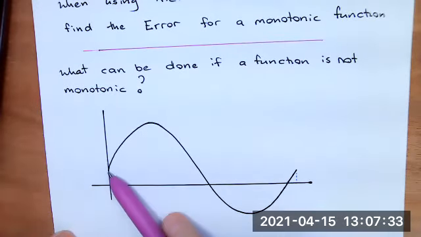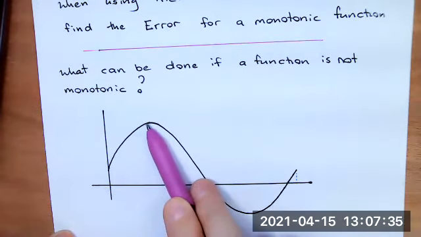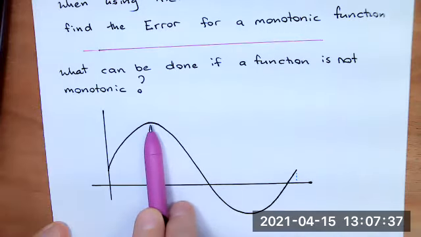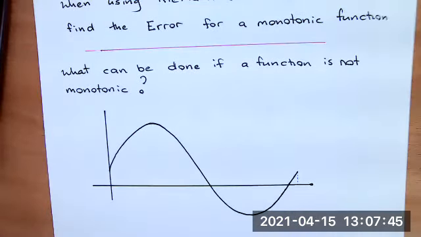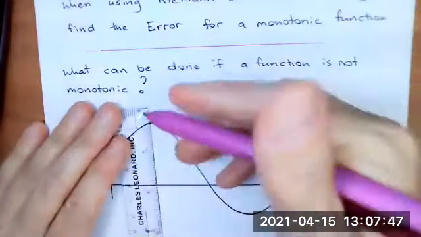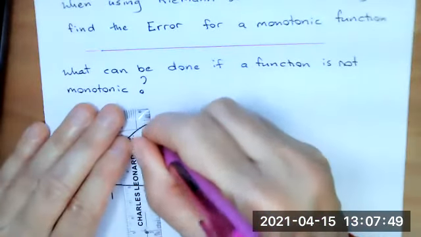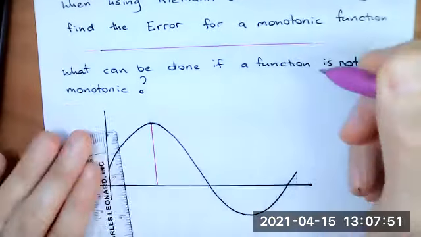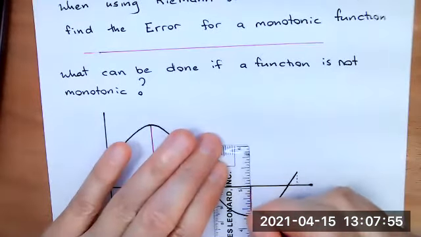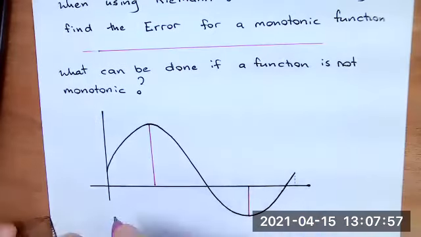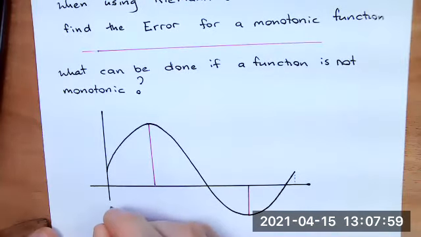Well, this function is only increasing until this point. From here until here, it's decreasing. And then from here to here, it's increasing. So in order to find the Riemann sum and to know the exact error, we would break it up.